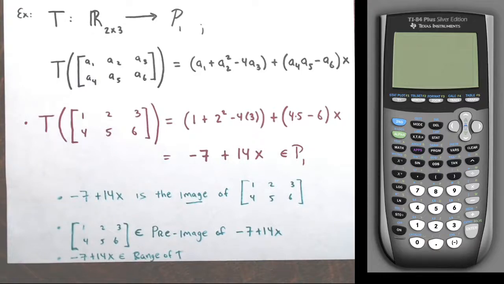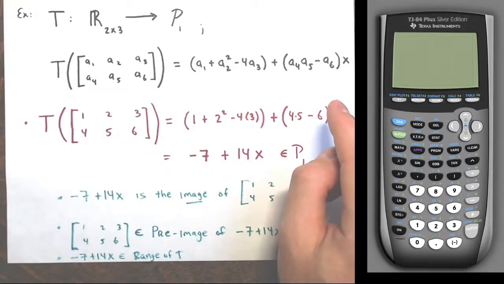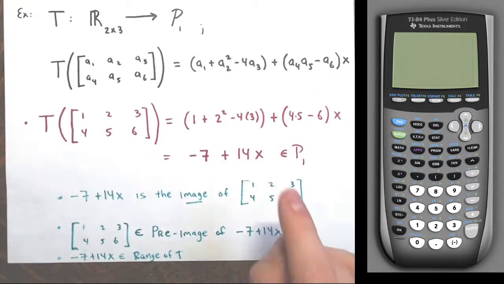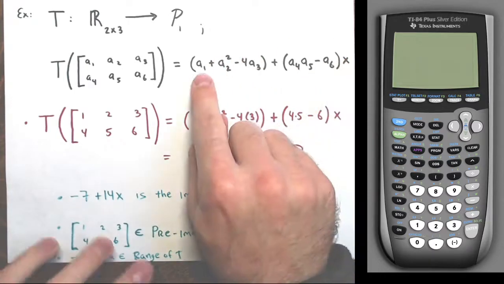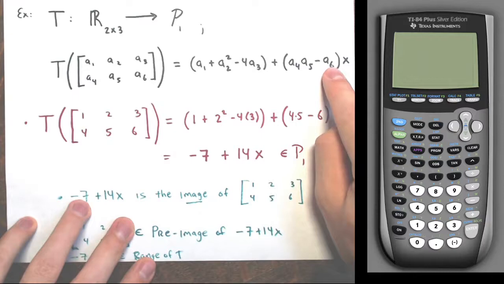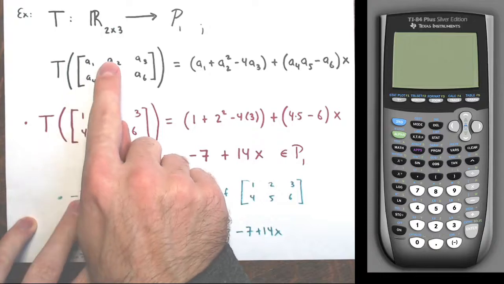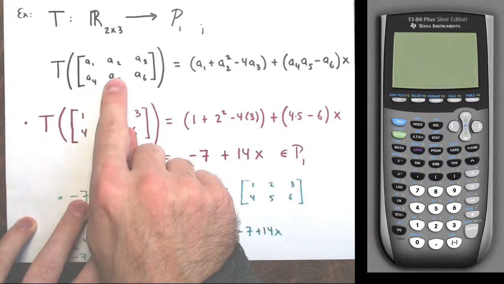Actually it'd be pretty easy to see that this is not the only element in the pre-image of negative 7 plus 14x, because I could very easily make negative 7 plus 14x if I just have A1 be negative 7 and A6 be negative 14. So I could have negative 7, 0, 0, 0, 0, negative 14.